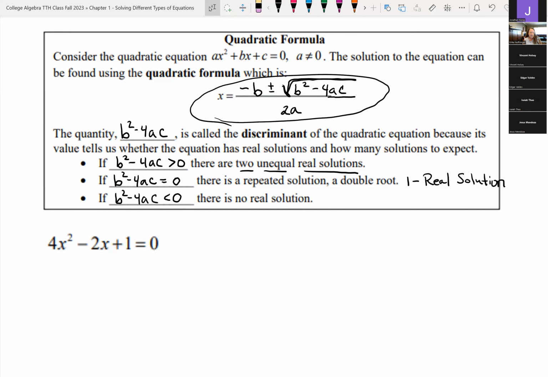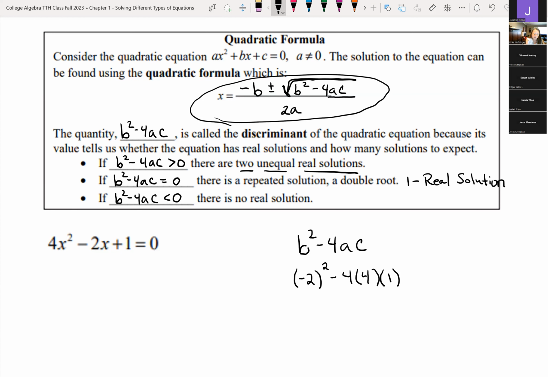Okay, so looking in front of us, we now have an example, 4x squared minus 2x plus 1 equals 0. Let's first look at how many solutions we have and what type. So I want to look at what is b squared minus 4 times a times c. b is the coefficient in front of just the x, which is -2. So we have -2 squared minus 4 times a, which is the number in front of the x squared, 4, times c, the constant, which is 1.